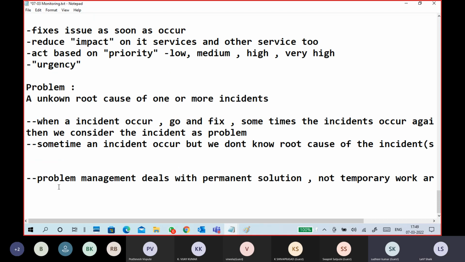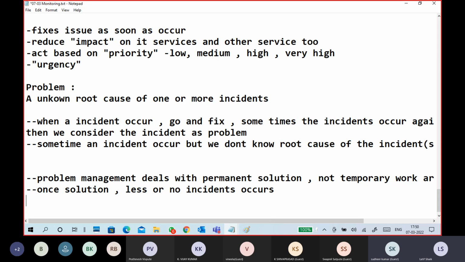Okay. Next, permanent solution. It means once the solution is made, fewer or no incidents occur. No incidents means that particular incident, not all incidents.